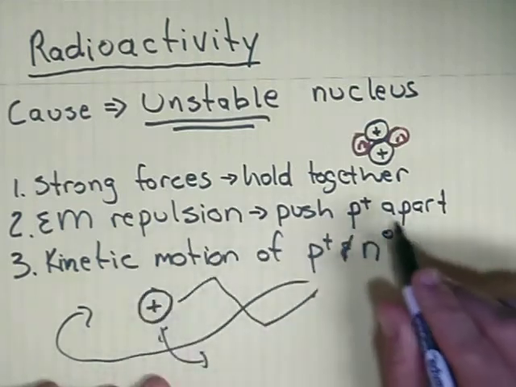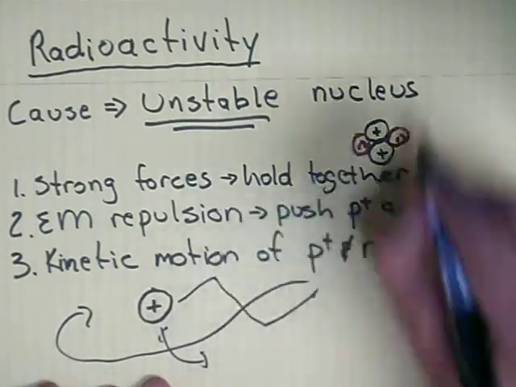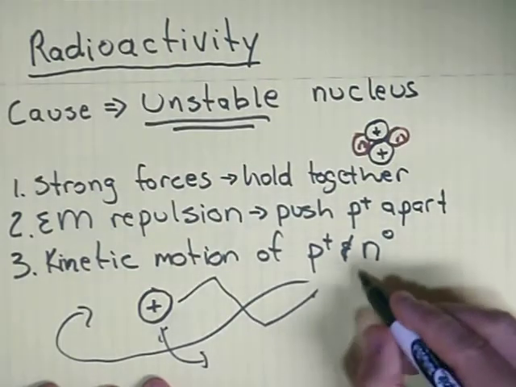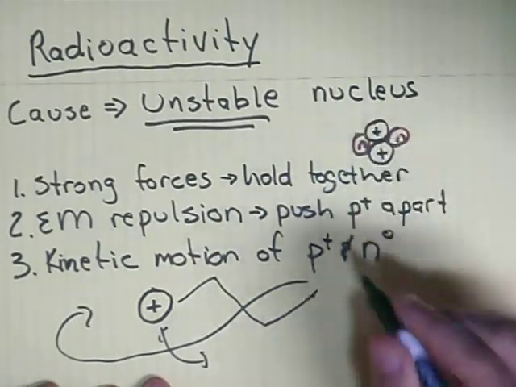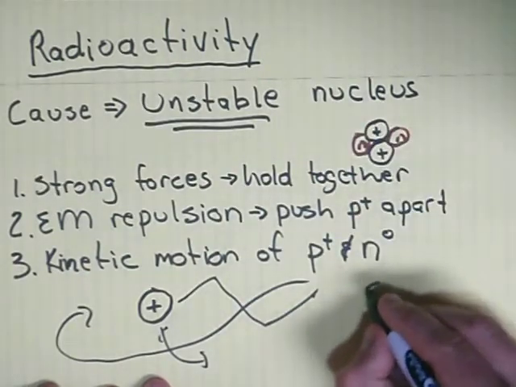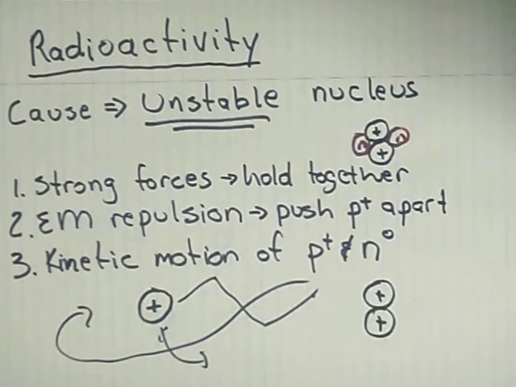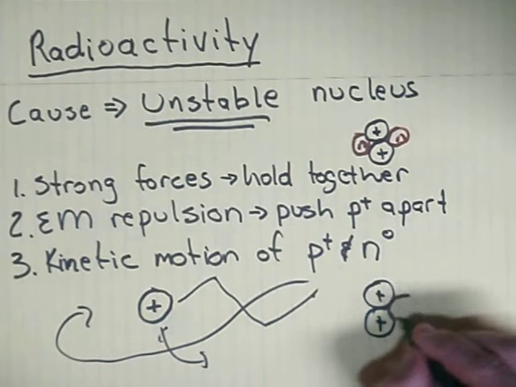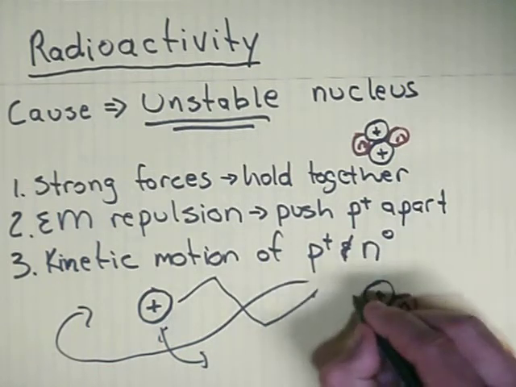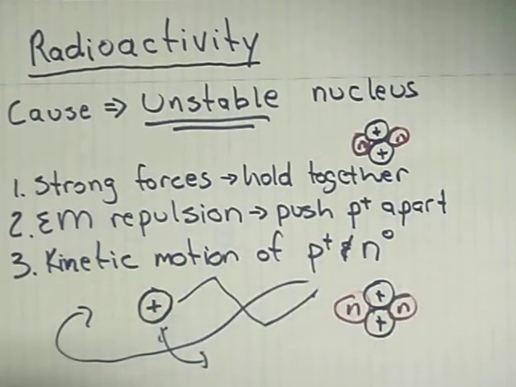But in addition to its tendency and desire to move all around and bounce everywhere, if it's with this other proton, so you have a proton here and a proton here, and then we add in these 2 neutrons.